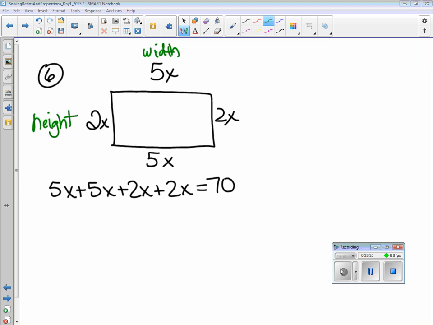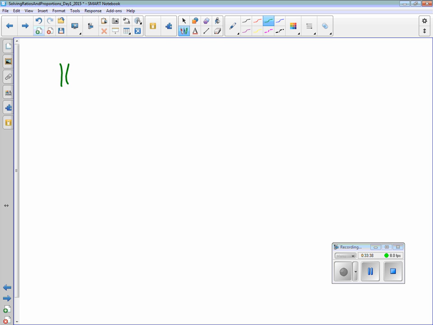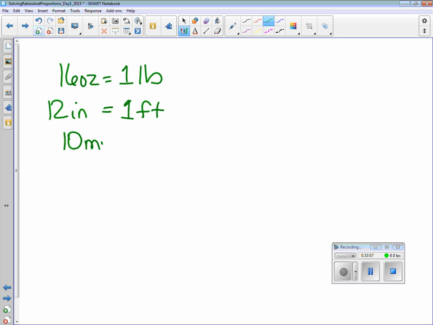And 12 inches are in a foot. And 10 millimeters are in 1 centimeter. Just some conversion factors. I think that's all we have.